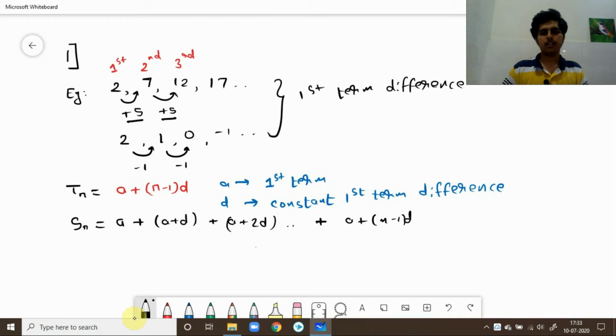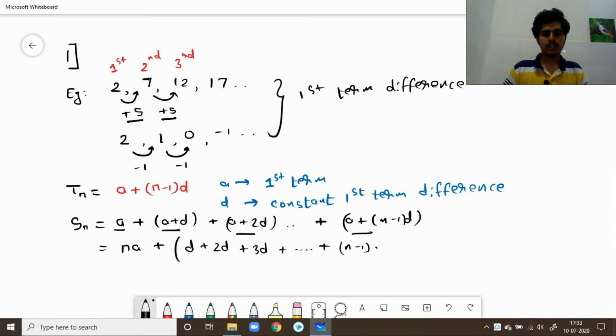If you see, you will have an a term in each of these brackets, so you will have n times a, that is for sure. And how many d's will you have? You will have 0 in the first, then 1d, 2d, 3d, going up till n minus 1 d. If you notice, I can take the d out common in this.